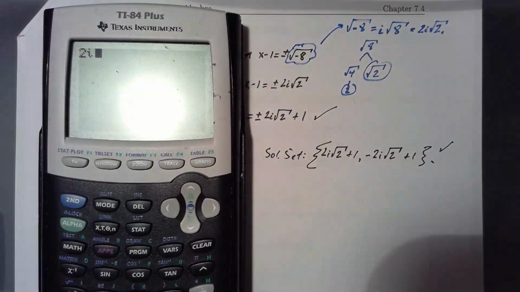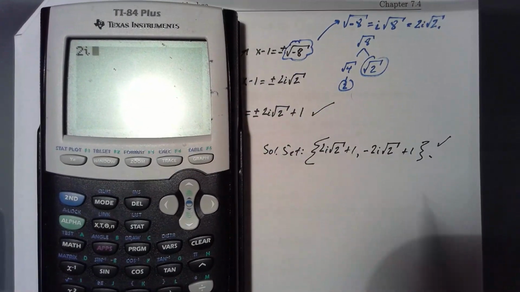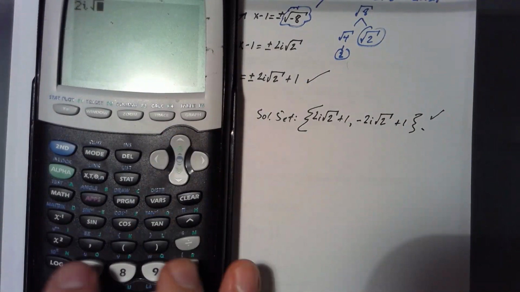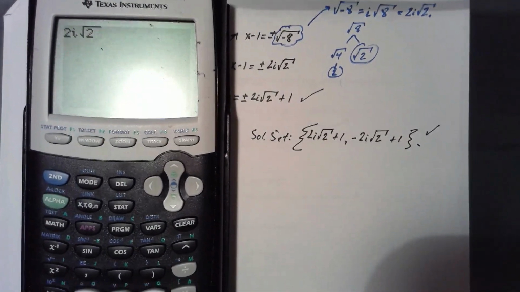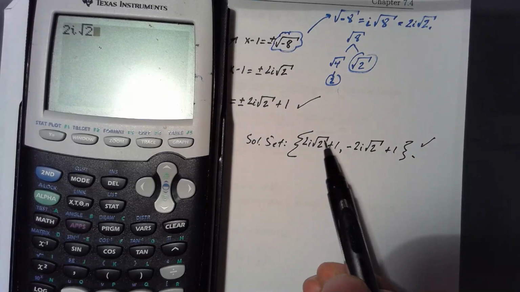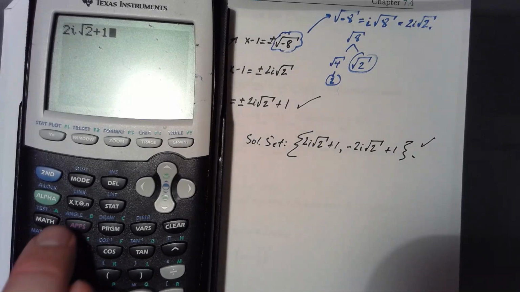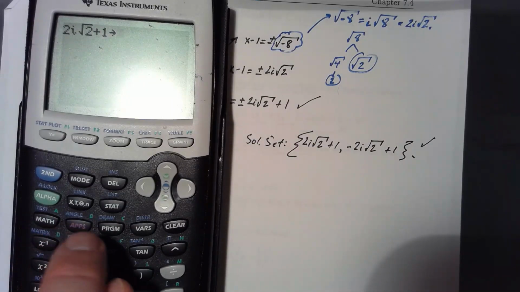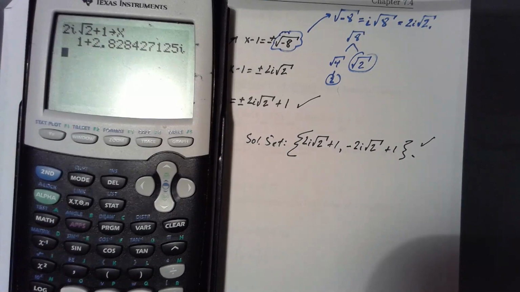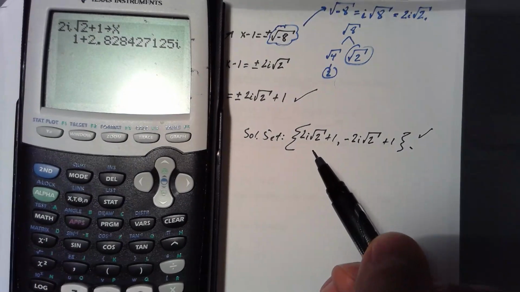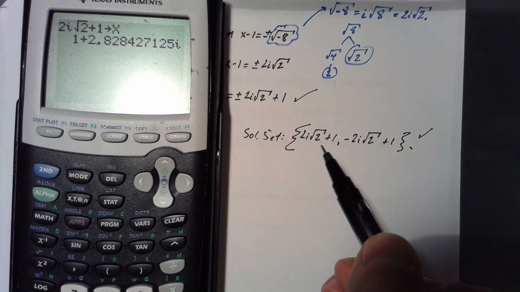It's right here, it's i. So second, that gives me i root 2. So second, that, 2, outside, plus 1. Let me store that into x, hit enter. That's the approximation of that complex number.